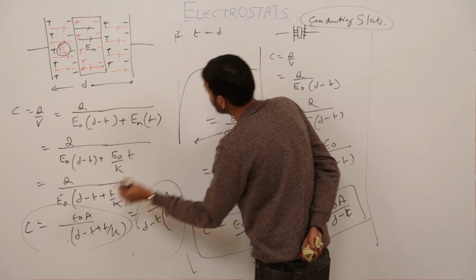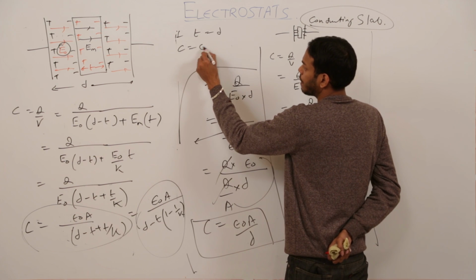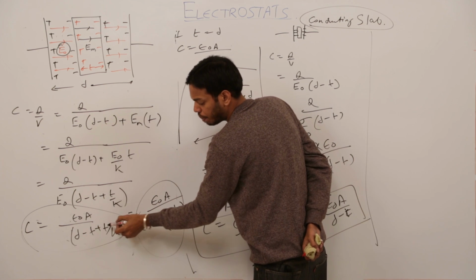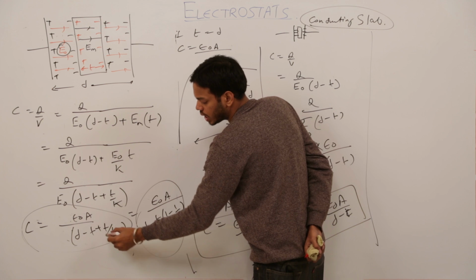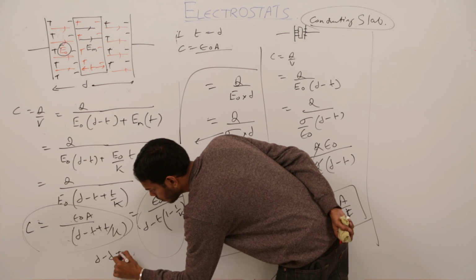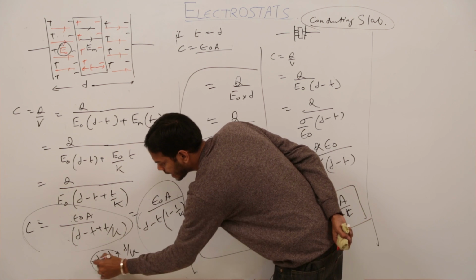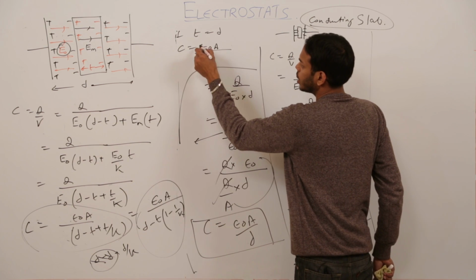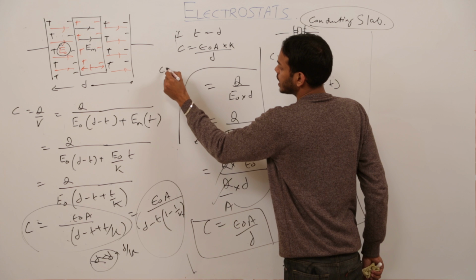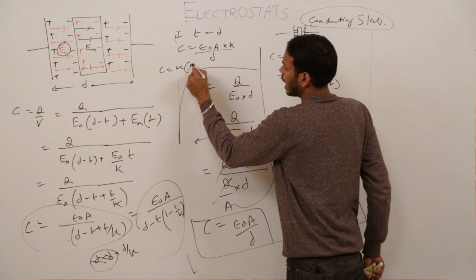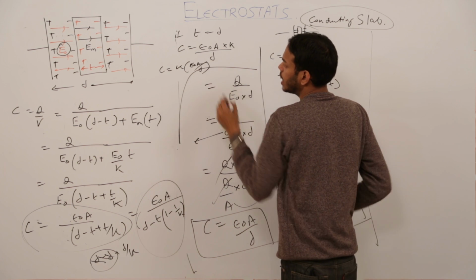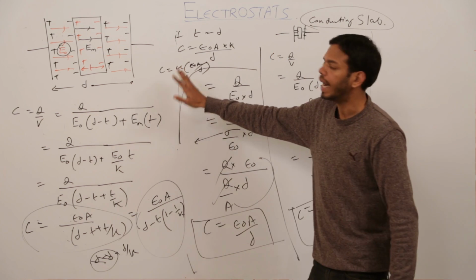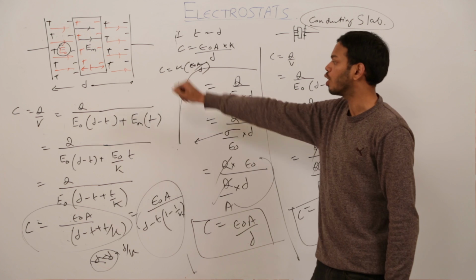This equation becomes C is epsilon naught A upon d minus d plus d upon K. d minus d, right? This thing gets cancelled out. You are left with d upon K. So epsilon naught A upon d upon K, or basically K times epsilon naught A upon d. So the capacitance increased K times as it was before without any conducting or dielectric slab.